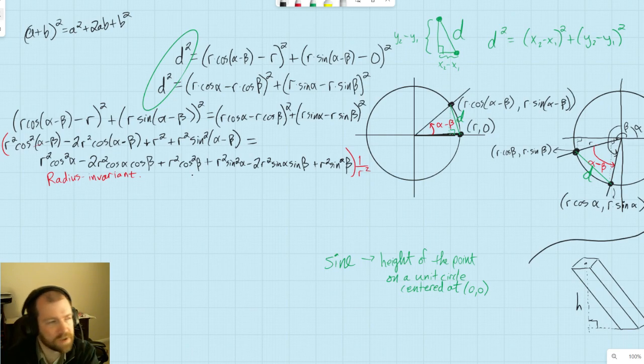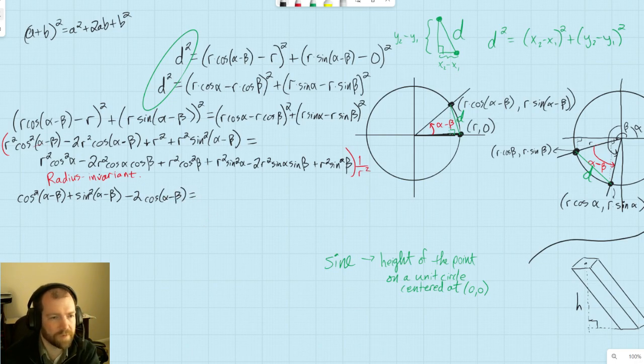All right, so all these terms no longer have an r squared, and we can arrange these in such a way that they become a little nicer. So for instance, we've got a cosine squared of alpha minus beta plus a sine squared of alpha minus beta minus 2 cosine of alpha minus beta.